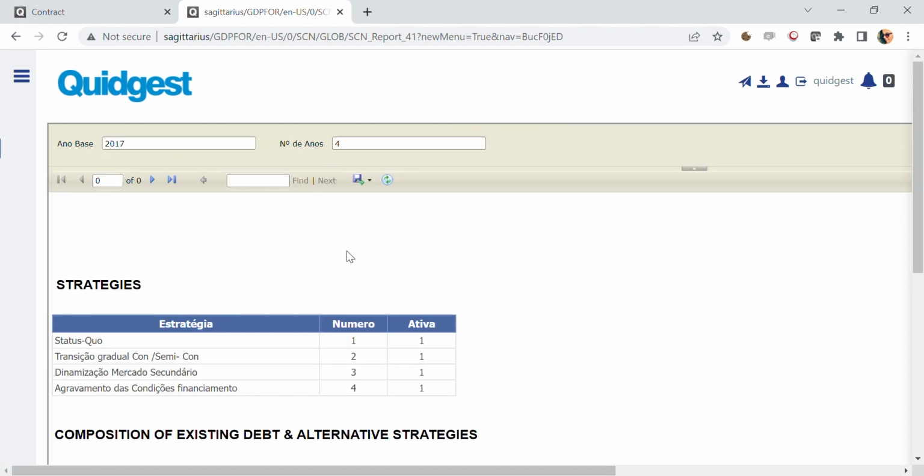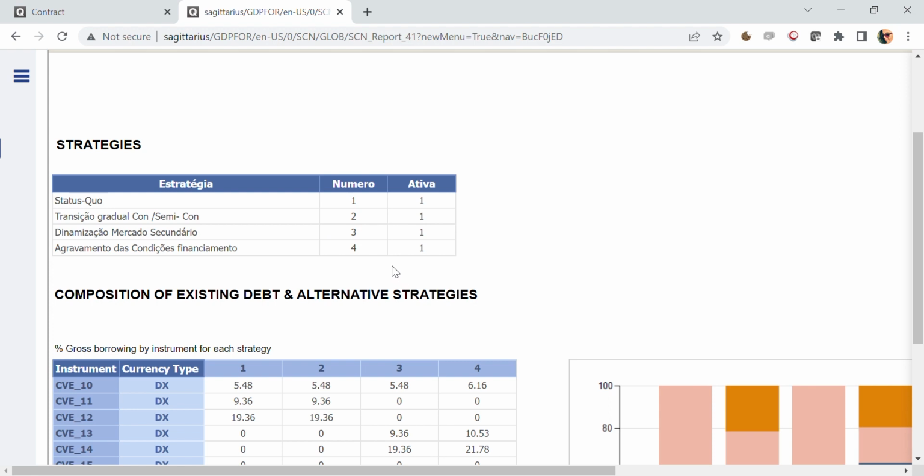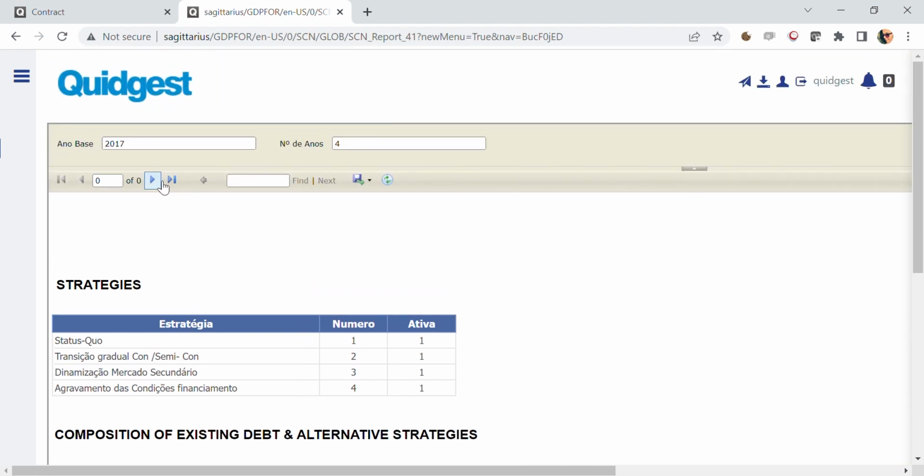Here the base data is simulated, so the information is not based on real data. You can see different strategies.